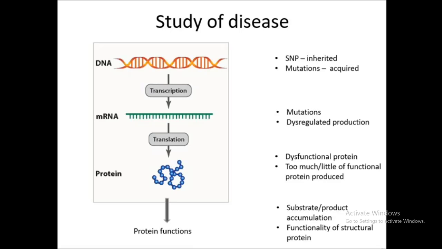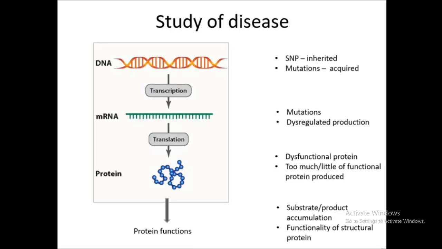So if you alter the level of expression of this protein, it has the potential to dysregulate the biological process, and in doing so, it has the potential to cause or contribute to disease initiation and progression.